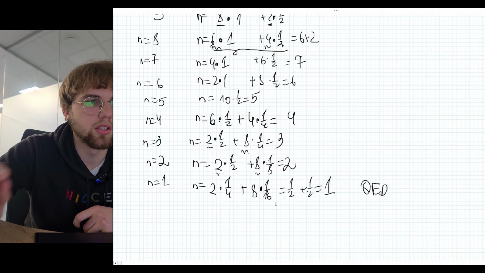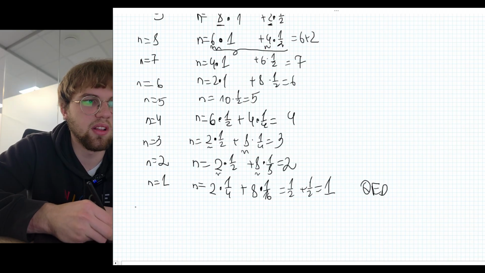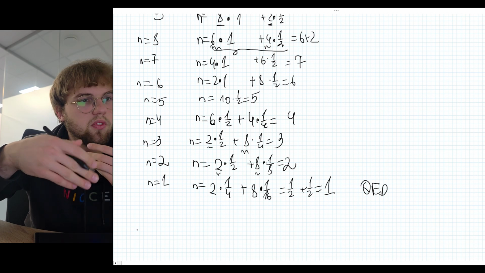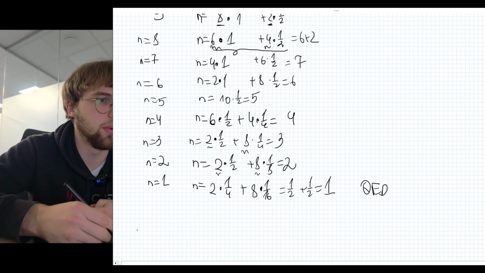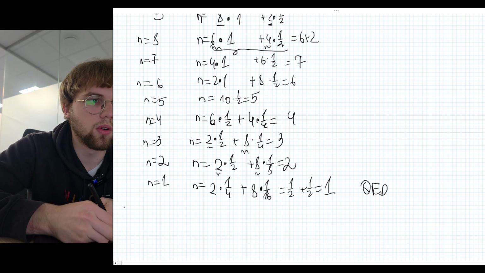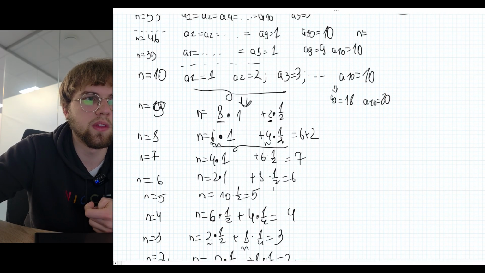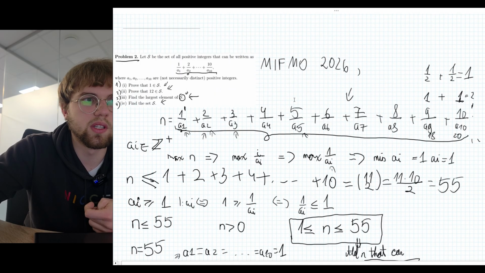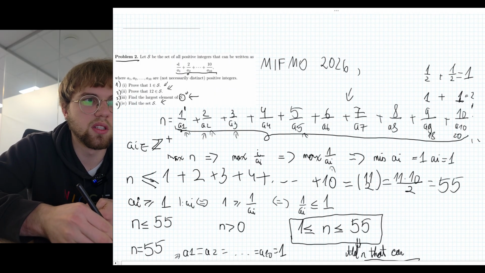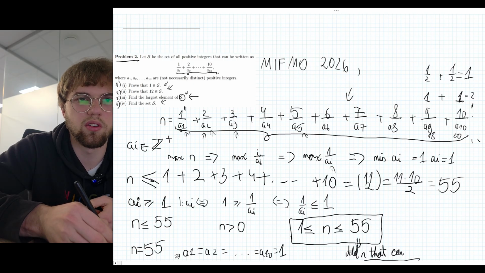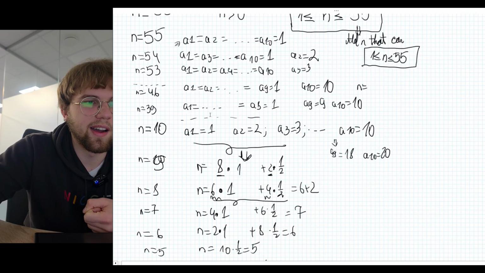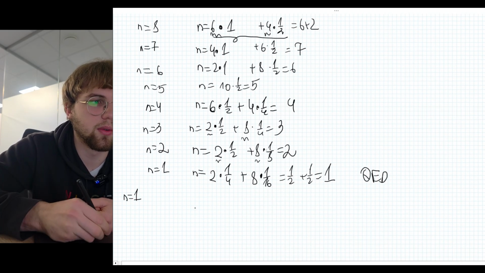So the official construction was basically we induct not from the top, but from the bottom, from n equals 1. So for how to get n equals 1, well, what's the sum of the numerators? The sum is 55, right?